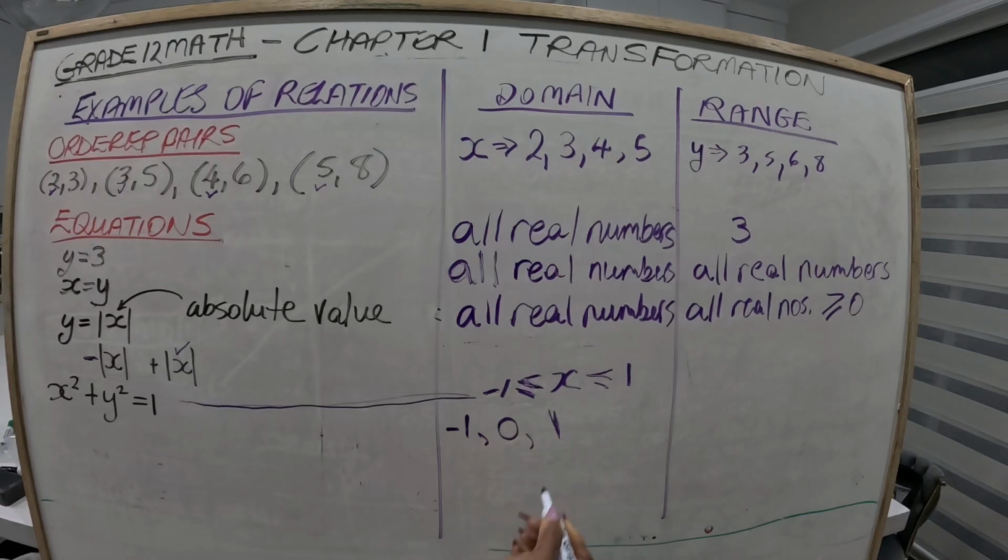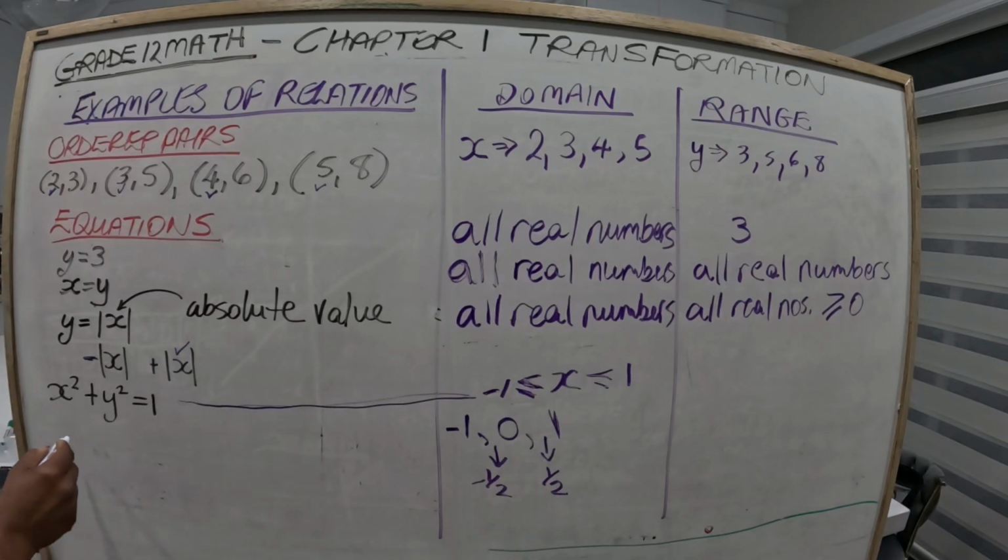Now you can have fractions here as well, right? You can have a half, or you can have -1/2. And the reason why, let's prove it. If x is -1/2, right?